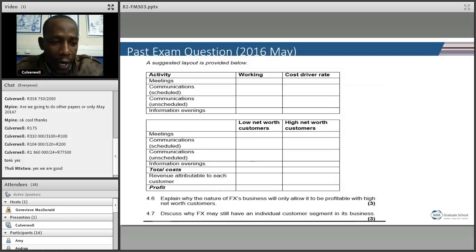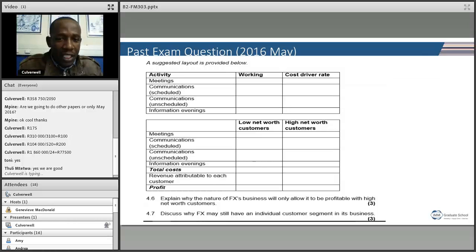So all you then do here, it doesn't matter the scenario given, even if it's a product, you then say, how much did it cost us to hold a meeting? I think it was 175. So all you then do is you're going to say 175 for meetings for low net worth customers.